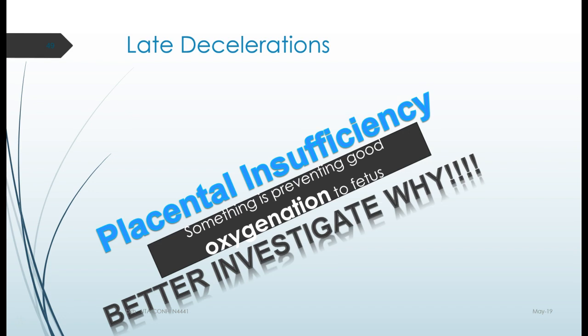So his heart rate's going to drop. The contraction is over. Blood flow is reestablished through the placenta. It's going to take a minute to be absorbed across, travel through the cord, travel to the baby, travel to those chemoreceptors to get that heart rate back up to normal.